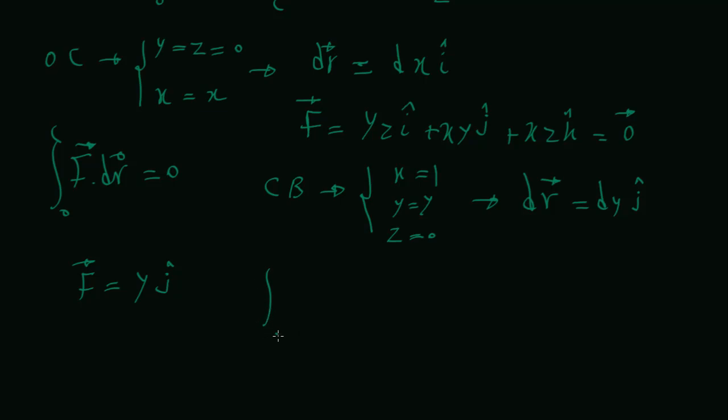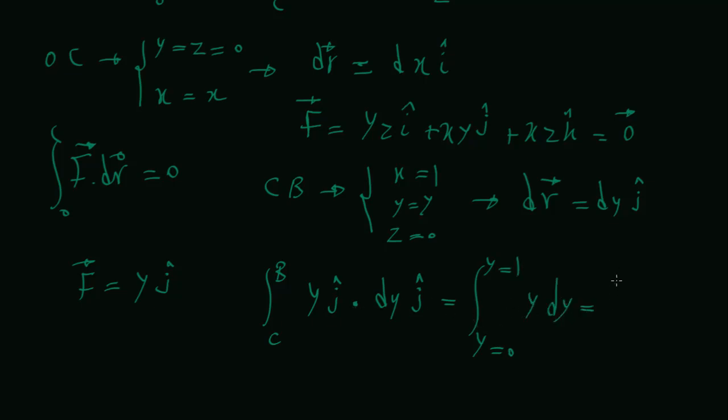The work on C to B is y in the j direction dot dy in the j direction. So y at point C is equal to 0, y at point B is equal to 1, and here we have the integral of y dy.